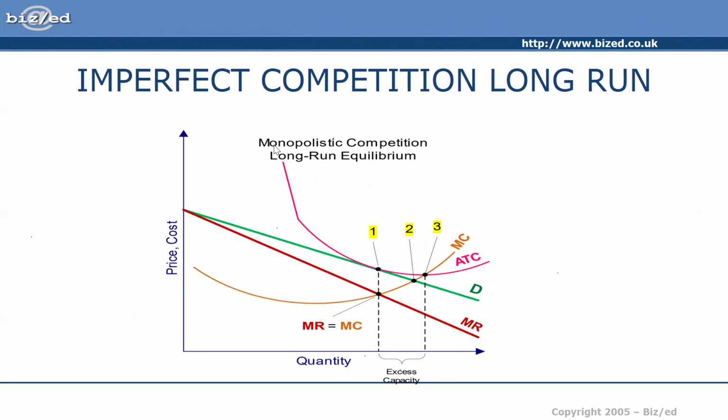For normal profits, your average cost is supposed to be equal to your average revenue. So let's draw it again. You have a price axis and a quantity axis.